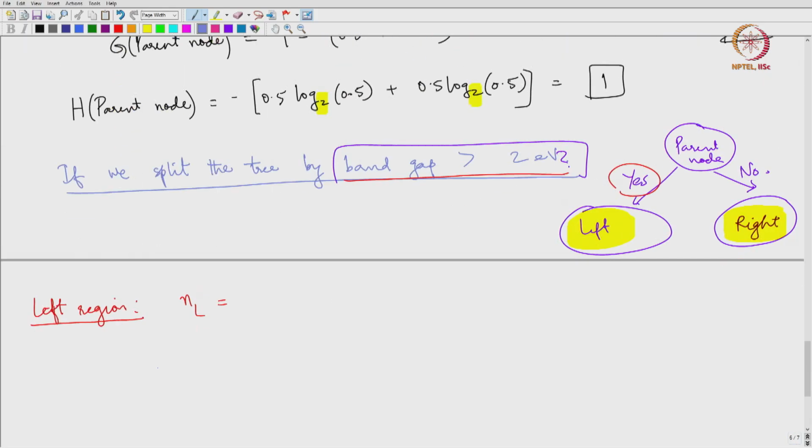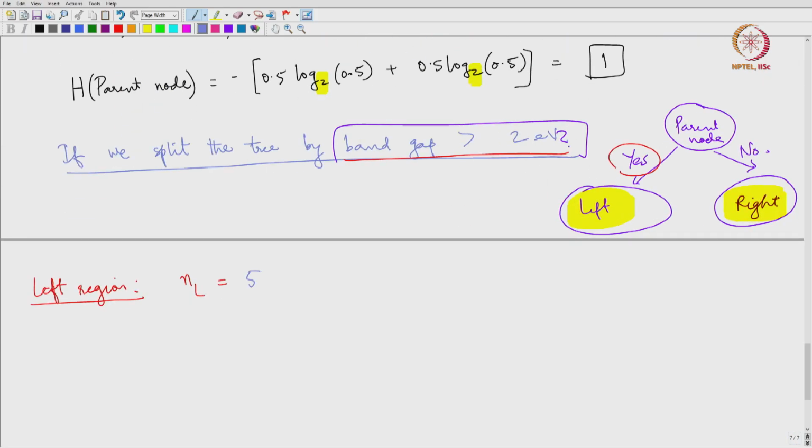So we can now write that NL equals 5, and you can just remember that NR is also equal to 5 because the total number of points is 10. So this is the left region. Now we have to find P hat Kc. This region is the yes region for the band gap.